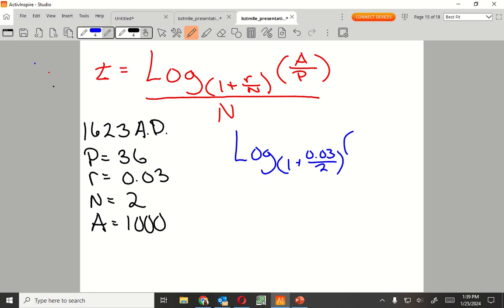This is not an exponent. My A value, which is 1,000, over P, my principal, which is 36, close this. And now since I'm on this line right here, I also need to divide all this by, what number? Two. There you go, because my N goes again.